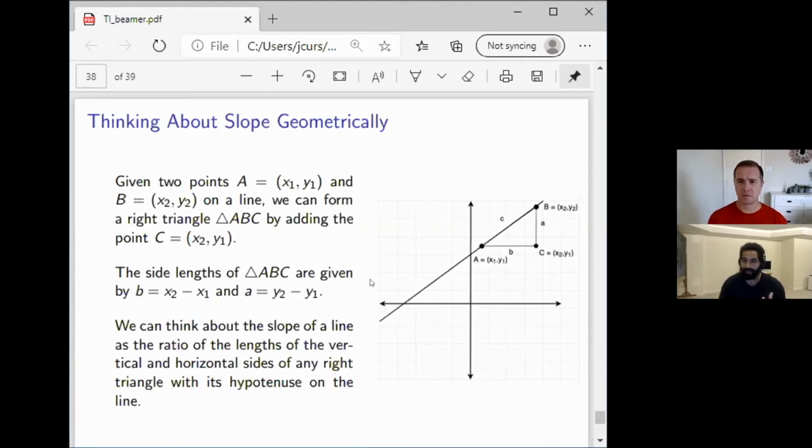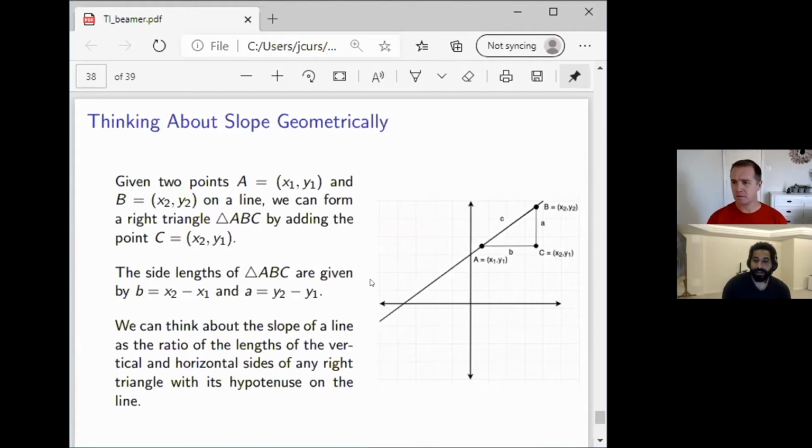This is a key, really fun and useful concept. We take a line, we make a triangle where 2 sides are horizontal and vertical and its hypotenuse is on the line, and we take the ratio of the lengths of the vertical and horizontal sides, and we get the slope. And by using this geometric formulation, we can get some cool properties about slope out from using things we know.